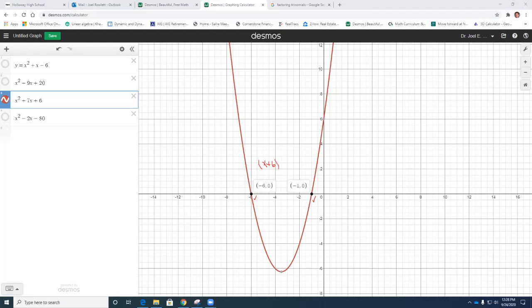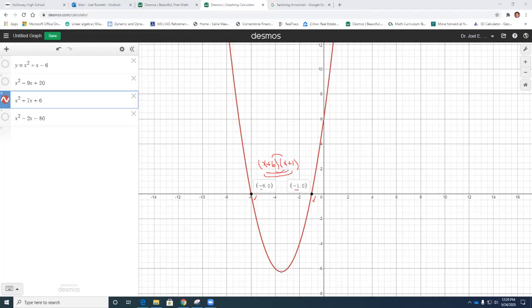And we know that negative 6 is a zero. And if x equals negative 1 is a zero, then x plus 1 would have to be a factor. And if we FOIL this, x times x is x squared, then we have 1x plus 6x. That gives me 7x, and then I have 6 times 1 is 6.